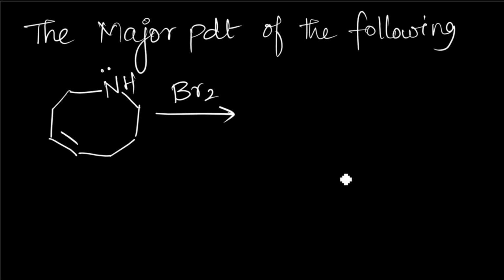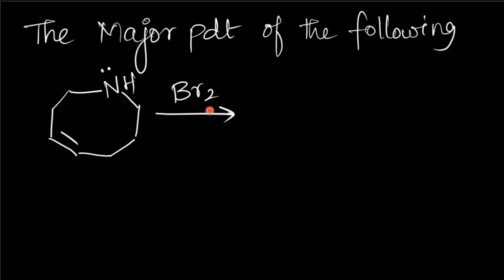The major product of the following. So it's just Br2 adding over here. Here I'm having a double bond. Can you see that? Br2 will add. So what will Br2 do?